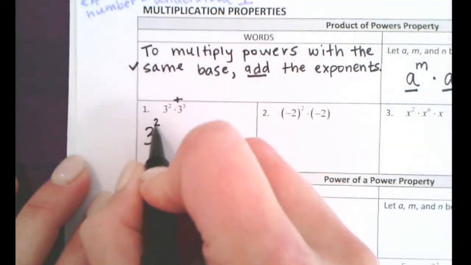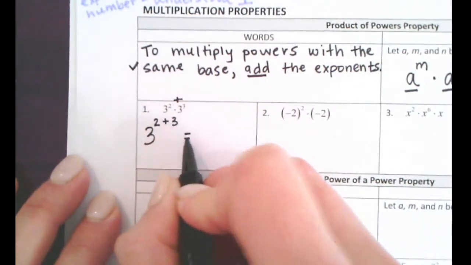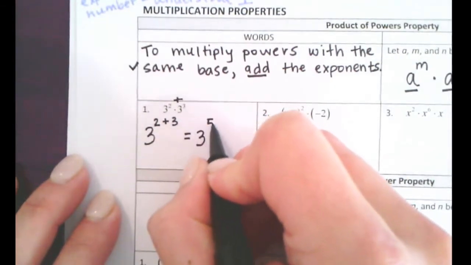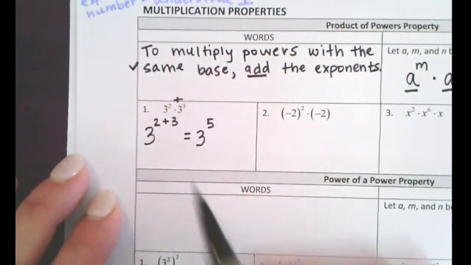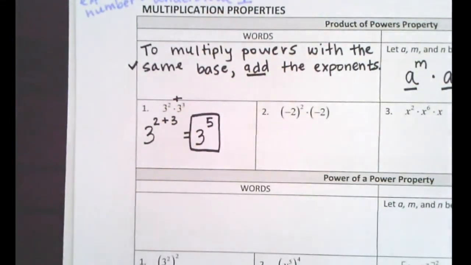So I'm going to rewrite this as 3 raised to the 2 plus 3. This simplifies to 3 raised to the power of 5, which we will simplify some of these, but I just want to show you the rules for it right now.